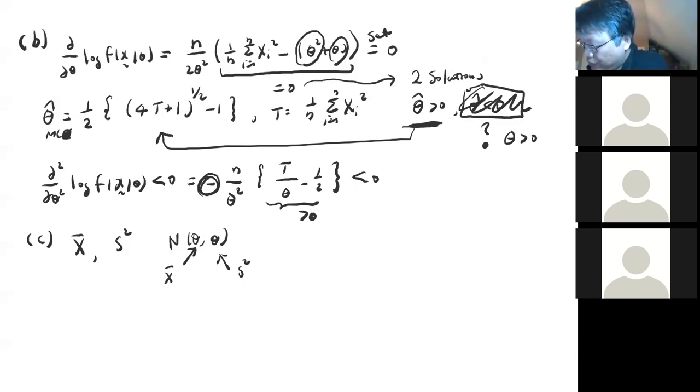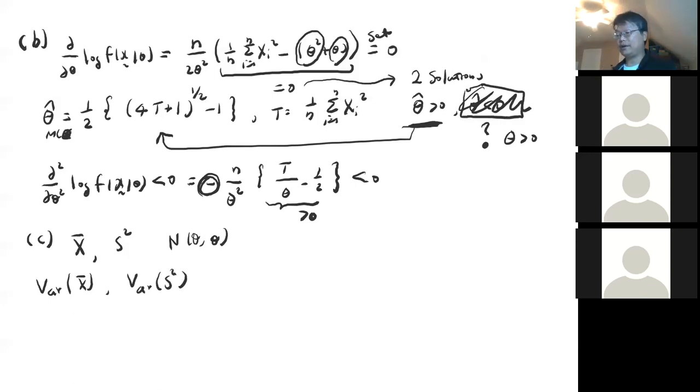I think the whole point of this learning is, if you do have two estimators, which one are you going to choose? We are going to choose the one with the smaller variance. That means we are deriving the variance of x bar and the variance of x squared, and then comparing which one has the smaller variance.